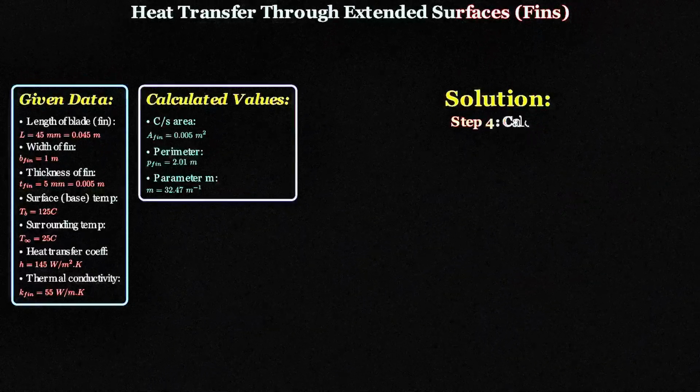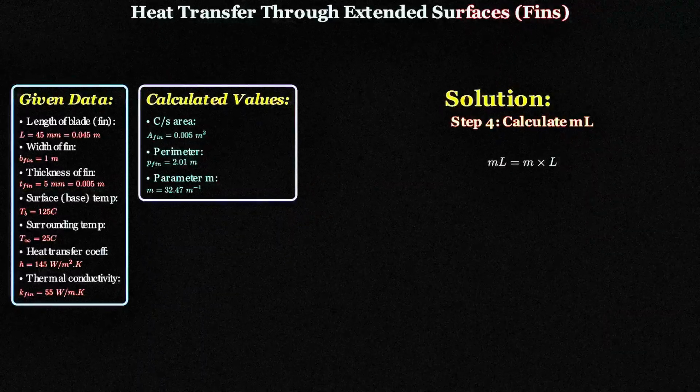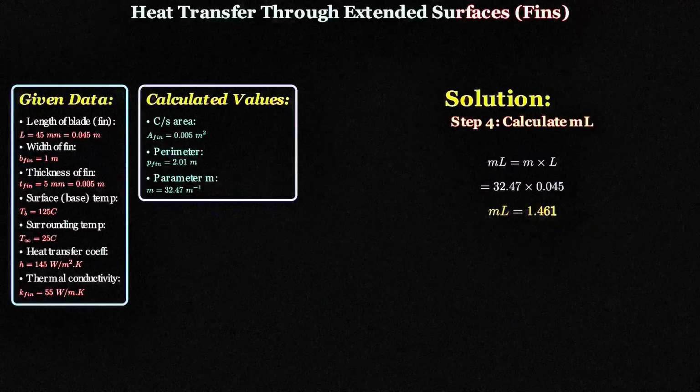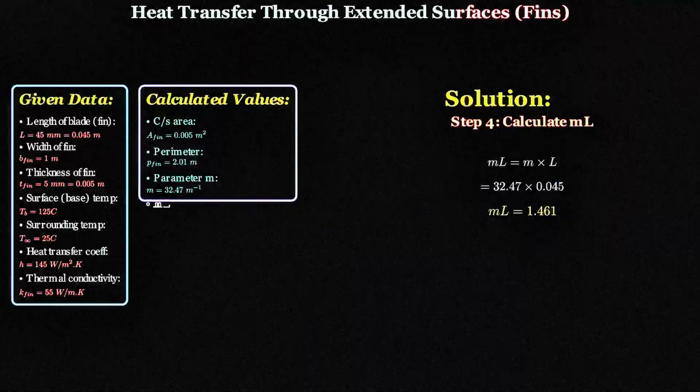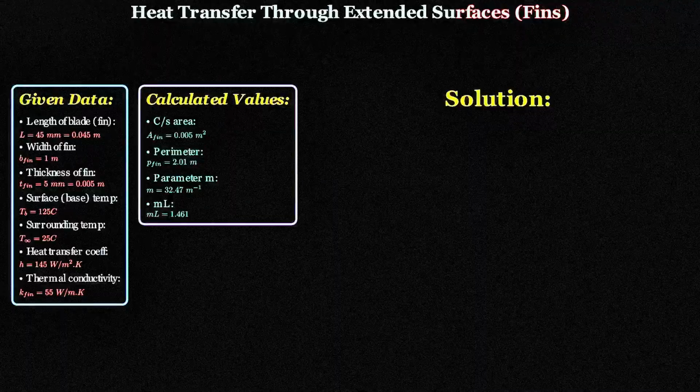Step 4. Calculate the value of m times L. That's 32.47 times 0.045. This gives us m times L equals 1.461. This dimensionless parameter will be used in our temperature calculations. Step 5.